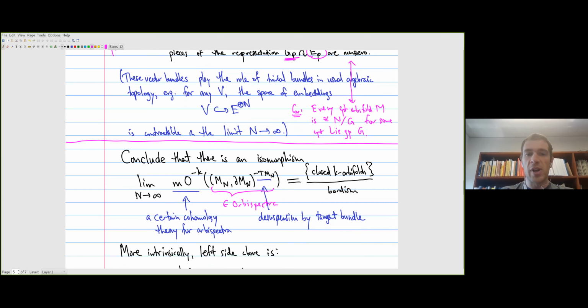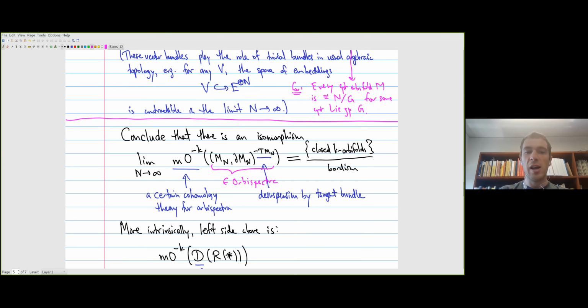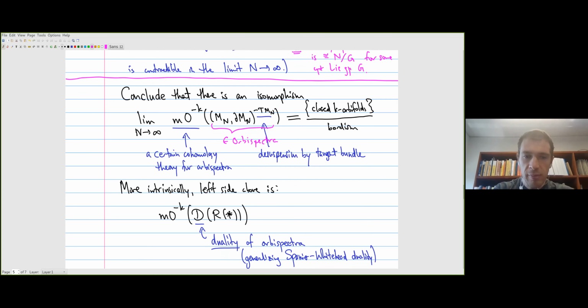Now, this left-hand side looks a little bit strange, but there's a very intrinsic operation on orbispectra. There's a contravariant involution called the D, which generalizes Spanier-Whitehead duality, and that really is what's going on with this relative boundary and desuspension.